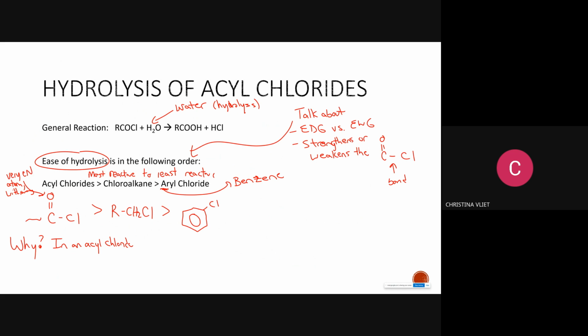Okay, so in an acyl chloride, the electron withdrawing nature of the OH, or the C double bond O, pulls electrons away, weakening the C-Cl bond, making it easier to break.